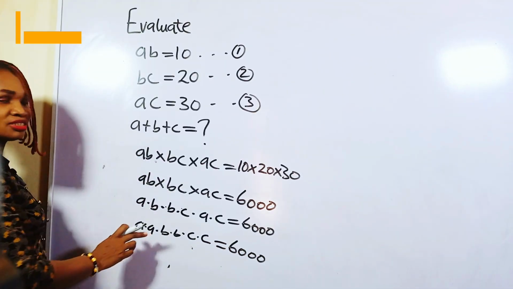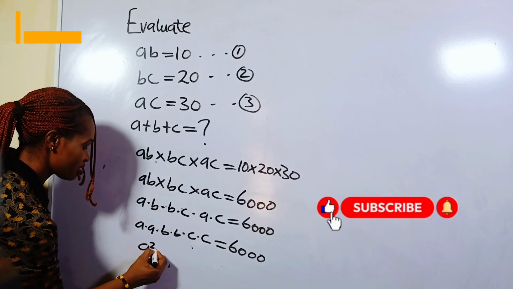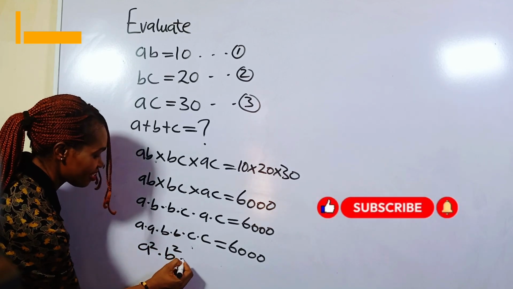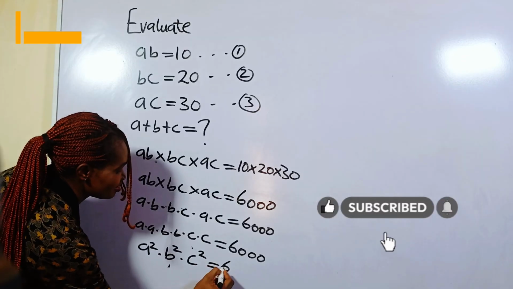Also, this is the same thing as that when A multiplies itself, you have A squared, multiply B multiply itself, B squared, and then C multiply itself, we have C squared, which is equal to 6,000.